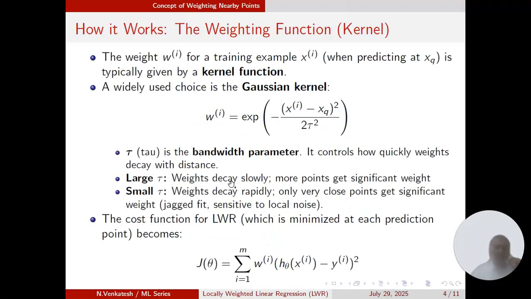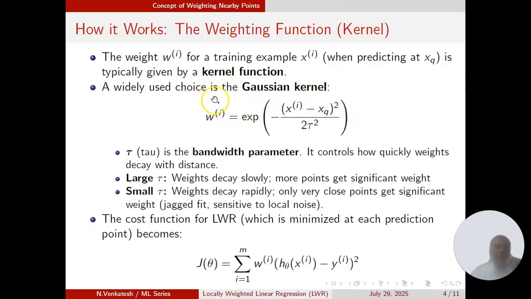Okay, so now how are we going to define these weights? The points which are closer to the query point should get more weight.